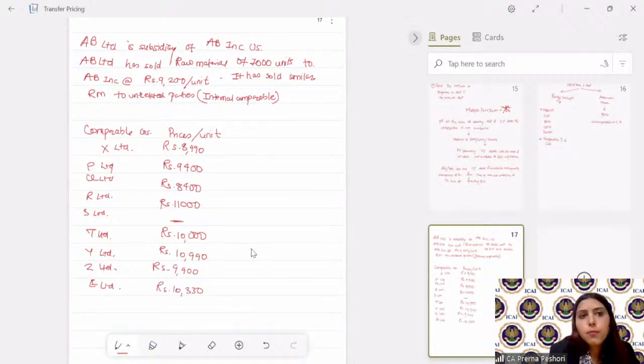Now, first of all, both of these are associated enterprises because of the parent-subsidiary relationship. This is an international transaction, right?